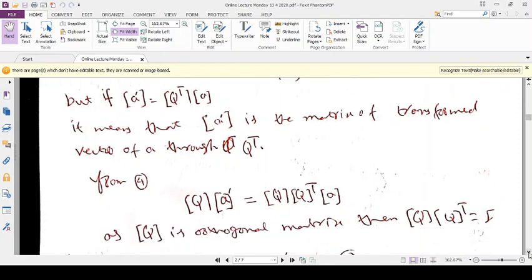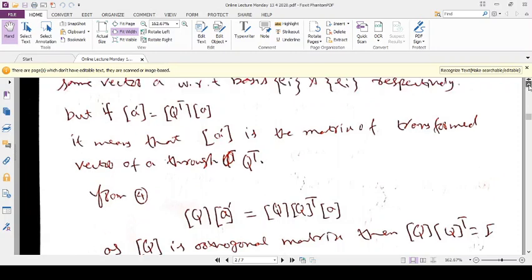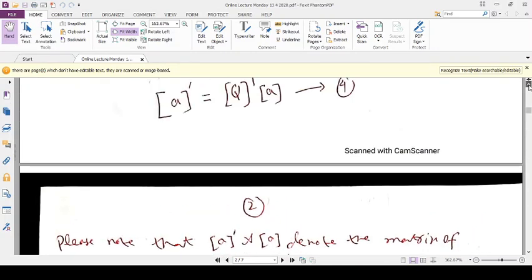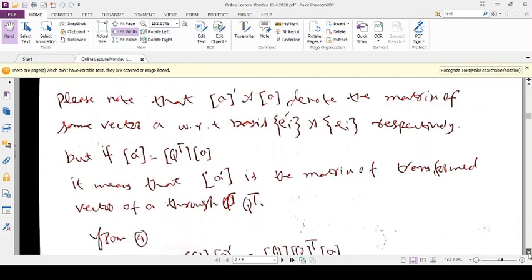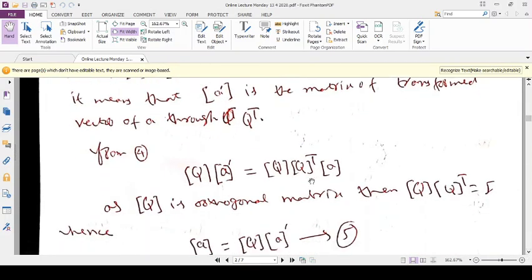Now you can move back from dash to undash. From equation number 4, if you simply operate with matrix Q on both sides of 4, then you have this equation. And we know that Q is orthogonal, so we have Q Q transpose equal to identity.